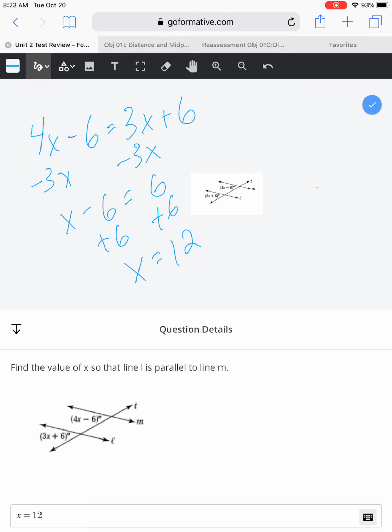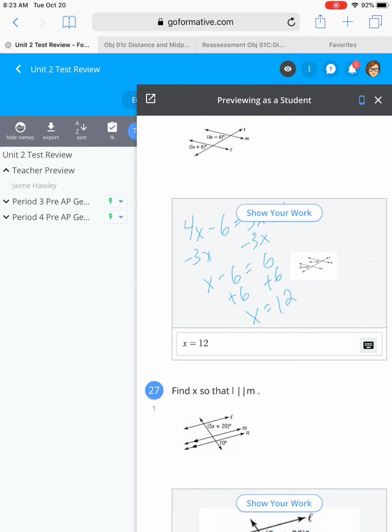So yeah, just make sure that they're asking for x and not also for the angle, that's all.